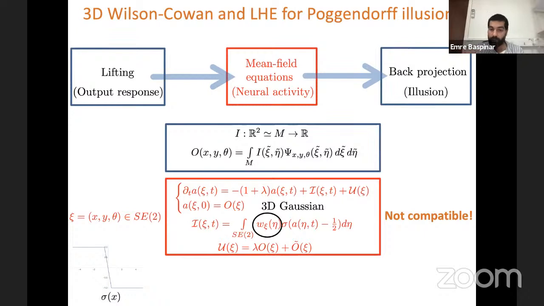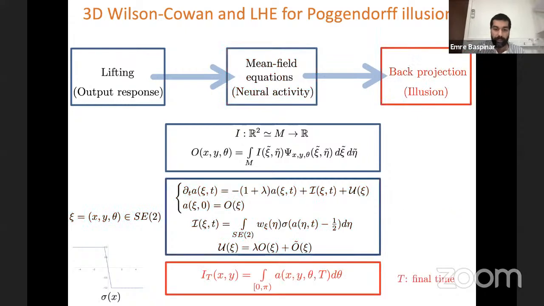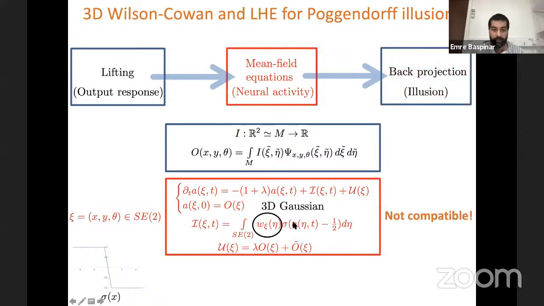However, a three-dimensional Gaussian cannot capture the anisotropic structure of the Subriemannian geometry. In other words, it's not a compatible operator with the Subriemannian geometry of SE2. And this is actually the point where we contribute. We will see that we replace this neural interaction term, this convolution, with a numerical procedure more compatible with the Subriemannian geometry of SE2.